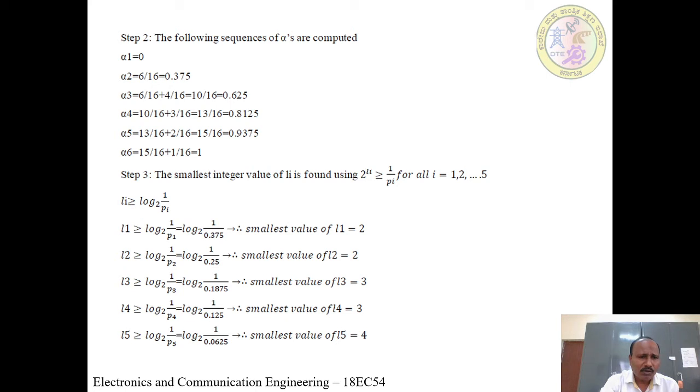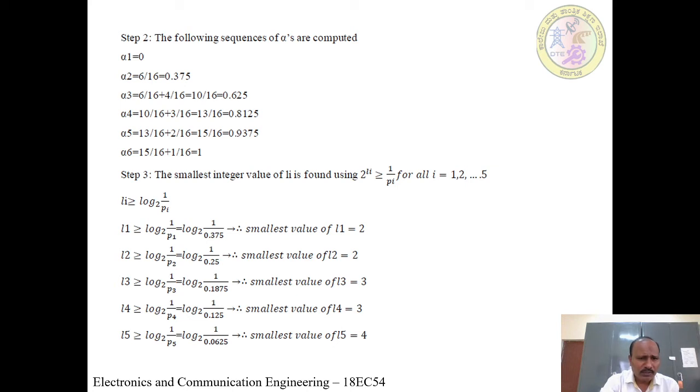So if I write log base 2 of 1 divided by 0.375, whatever P1 I have got, then in order to satisfy this inequality, I have to choose L1 as 2. And then L2 can be written as log base 2 of 1 divided by P2, that is log 2 of 1 by 0.25. It can be written as what?